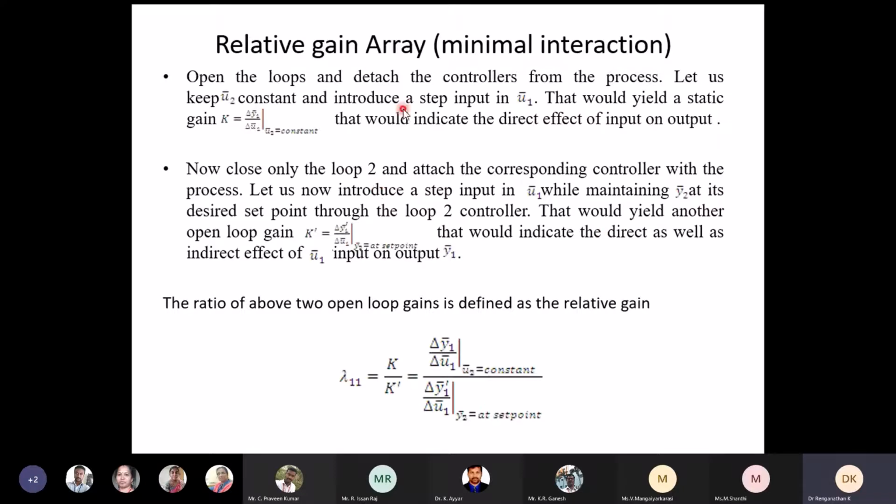So these two things will be taken into picture, and for that we are finding the gain, which is called the relative gain. This relative gain for the first loop, which we are going to take into picture, is going to be lambda 11, which we are taking here as an example.